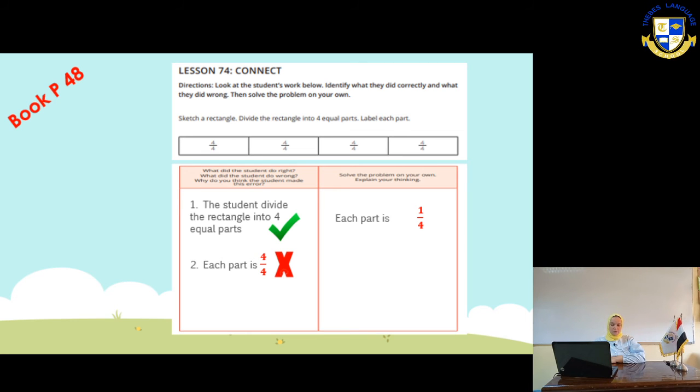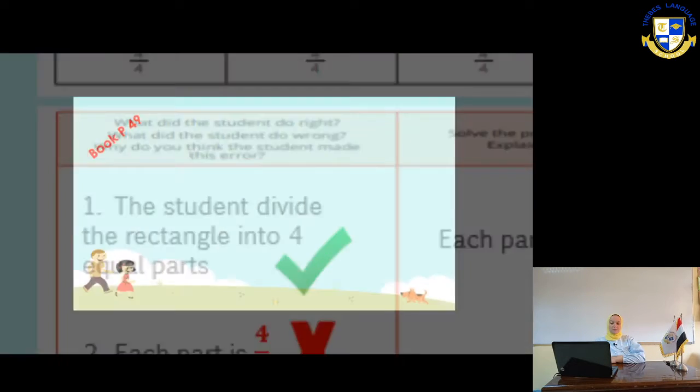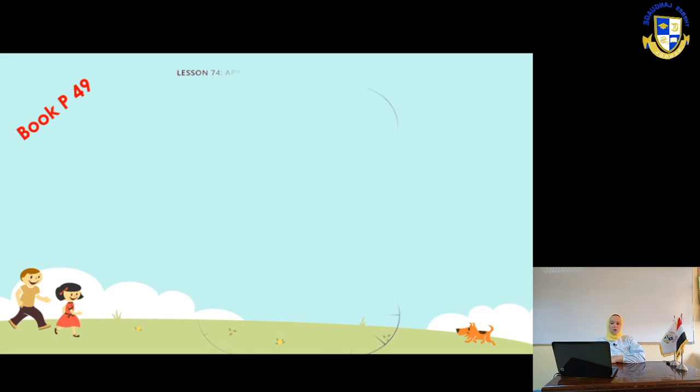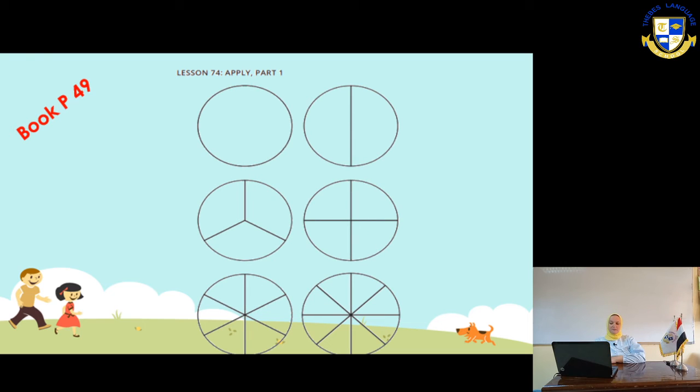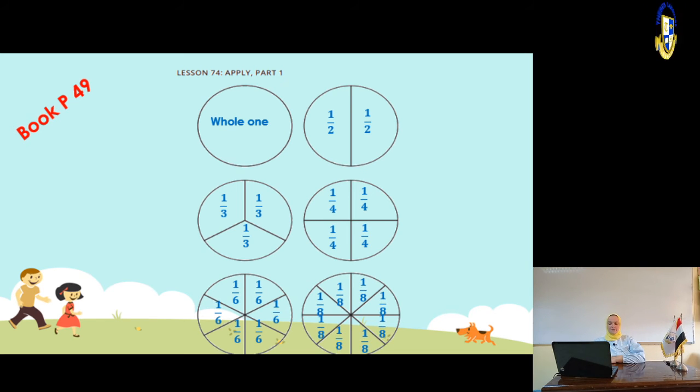The correct way is to write each part as 1/4. Now on the next page, book page 49, we have 6 circles. The first one is whole 1, the second is half, then 3/3, then 4/4, then 6/6, then 8/8.